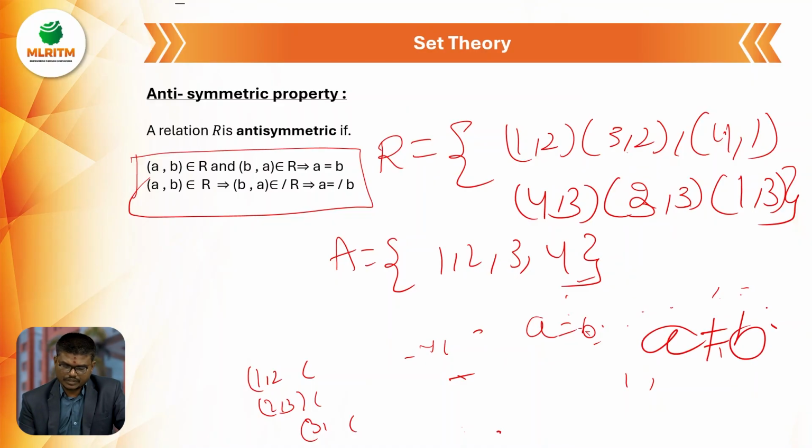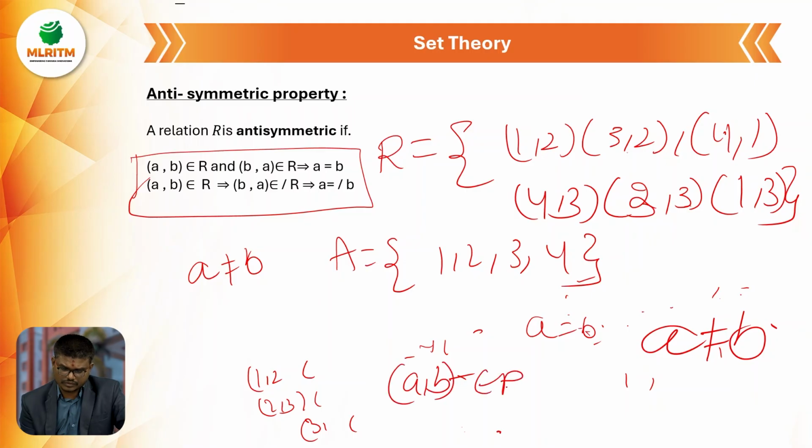Here observe the given relation (1, 2), (3, 2), (4, 1), (4, 3), (2, 3), (1, 3). Clearly we know that a is not equal to b.